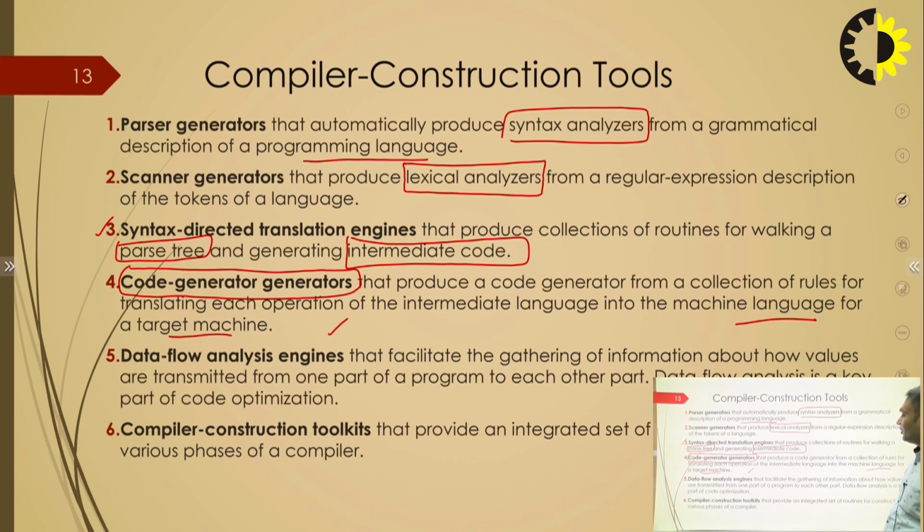Compiler construction toolkit. This is a toolkit that provides an integrated set of routines for constructing various phases of the compiler. So the compiler construction toolkit gives many tools that can be used as different phases of the compiler.